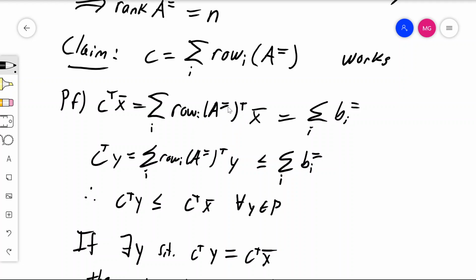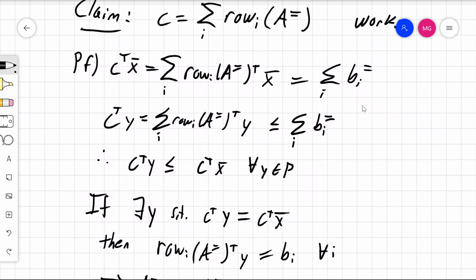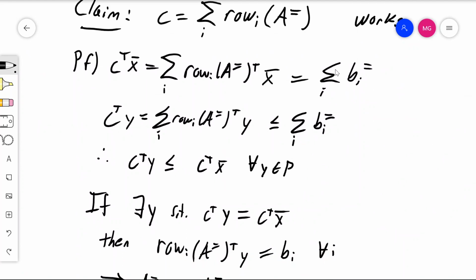So when I take a row of that matrix and dot product it with x bar, it's exactly equal to the corresponding component of b equality. So that's equal at each individual component level, and so when you do the overall sum, they're also equal. So the sum of these is the sum of the b equality components. That's what c transpose x bar comes out to be.